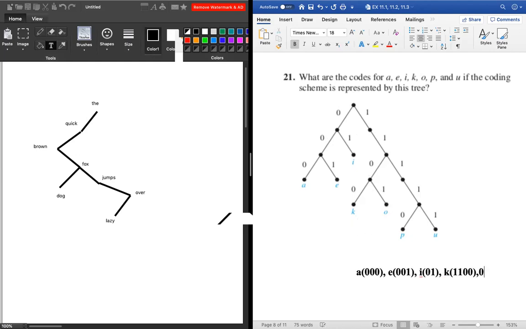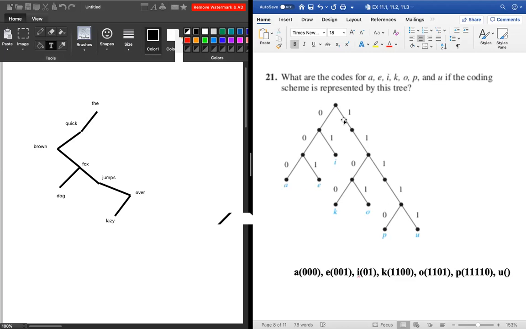And then I have O. O can be 1, 1, 0, 1. P can be represented using 1, 1, 1, 1, 0. U can be represented with 1, 1, 1, 1, 1.